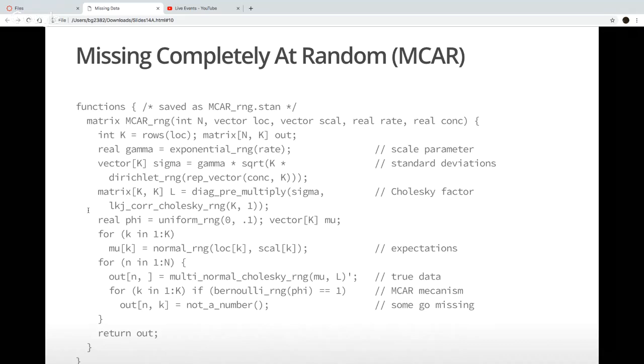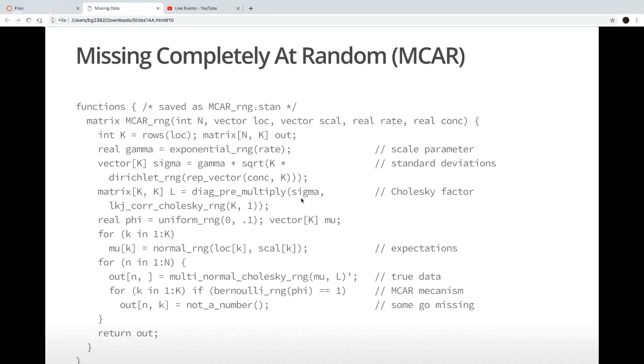And by putting 1 for the second argument, I'm saying I want this correlation matrix whose Cholesky factor is being drawn here to be uniform over the space of correlation matrices that are positive definite. And so if this right here is a Cholesky factor of a correlation matrix that's randomly drawn, then I'm scaling that up by multiplying it by a diagonal matrix whose diagonal contains the sigmas that I just drew.